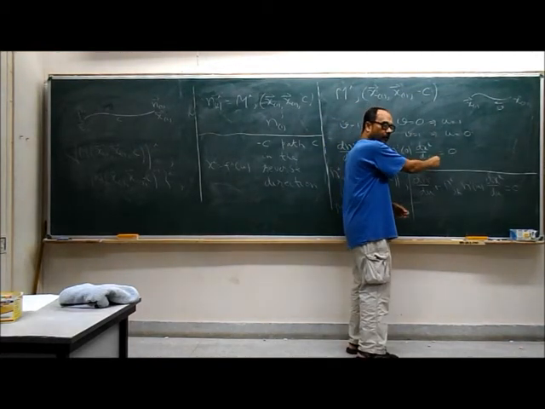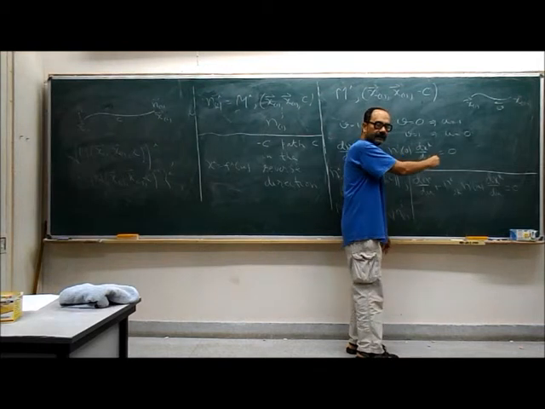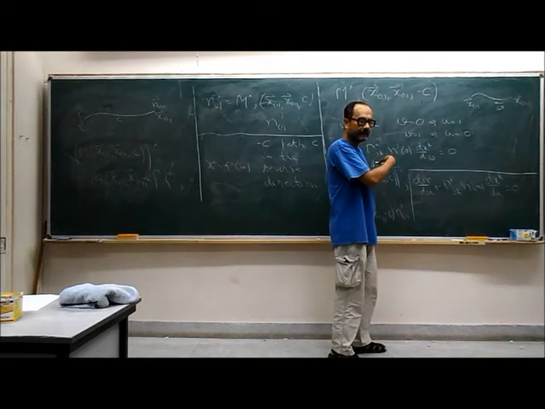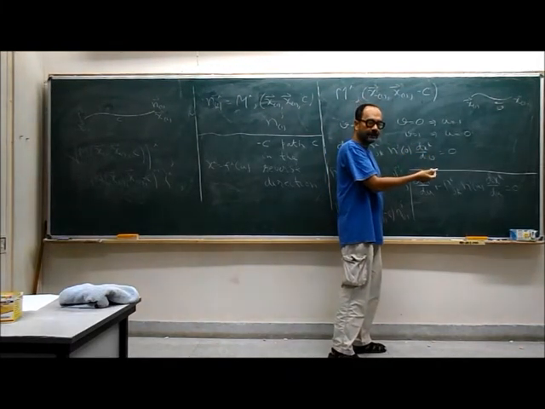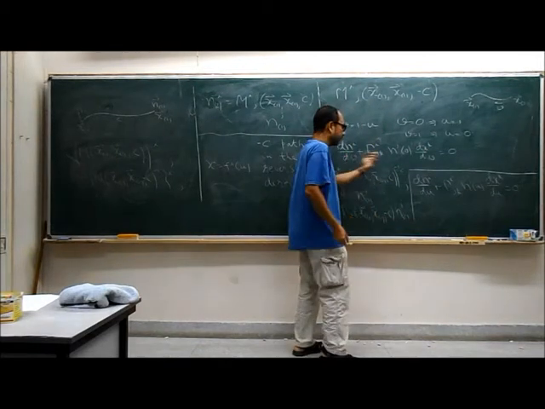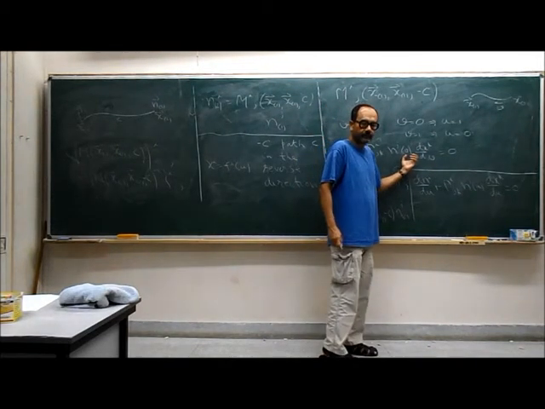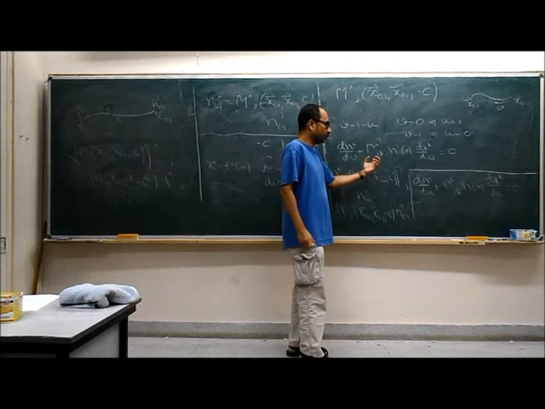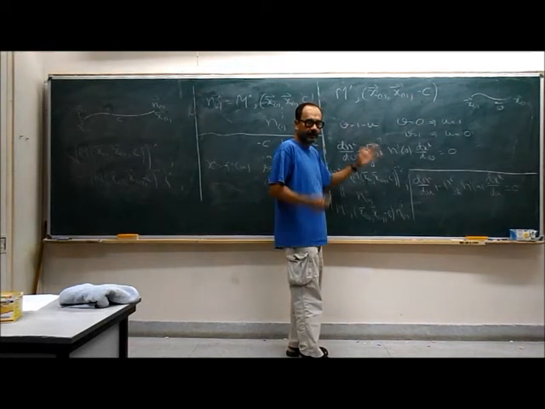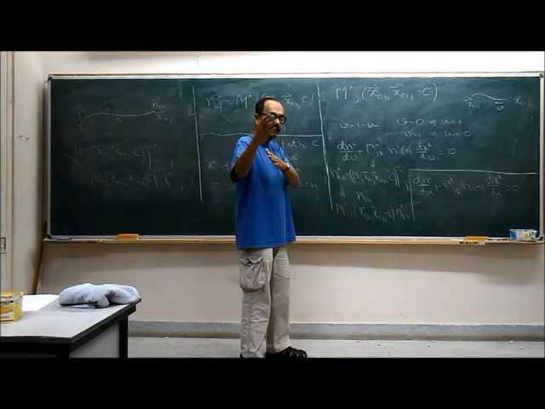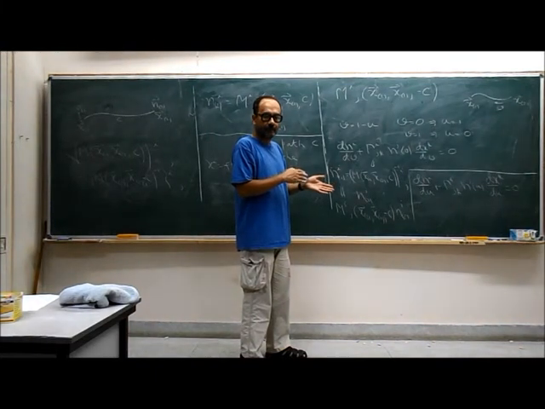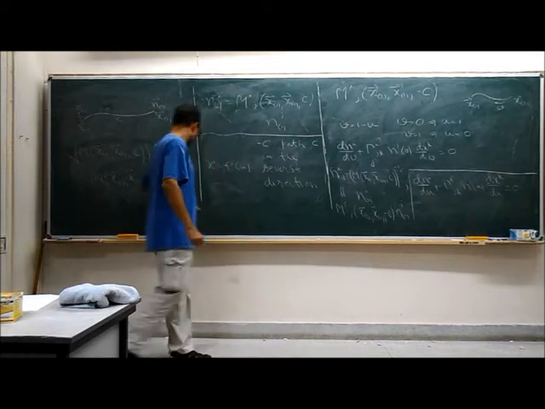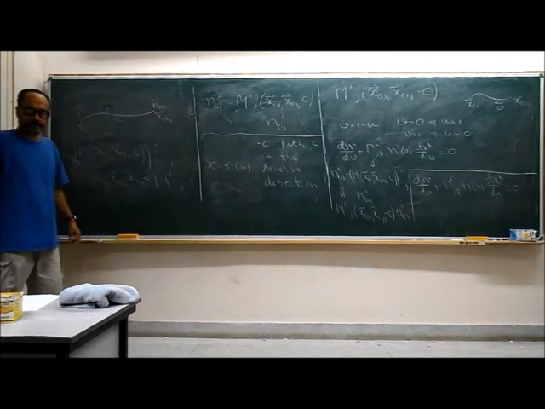If we had put an absolute value here, this equation would not be reversible, because under u goes to 1 minus u, this will change sign but not this one. But here this equation as it stands is reversible. You parallel transport from A to B and then come back from B to A along the same curve to get back the original vector, and that's what this equation tells us.